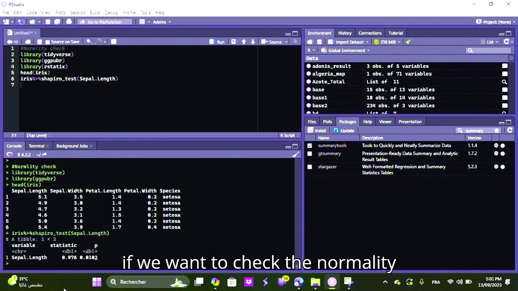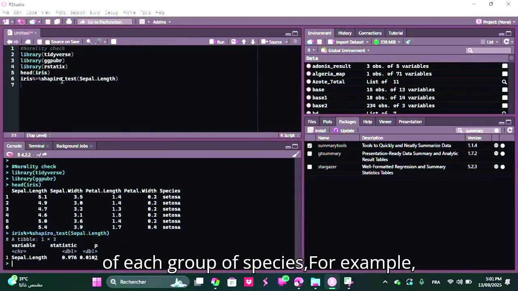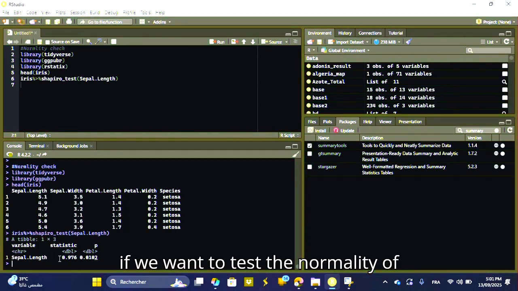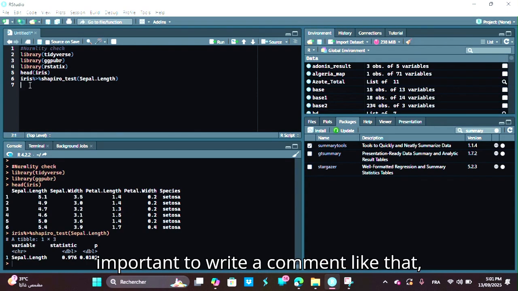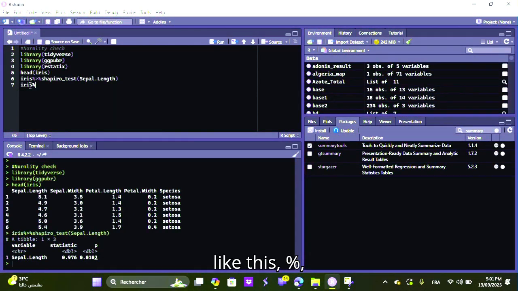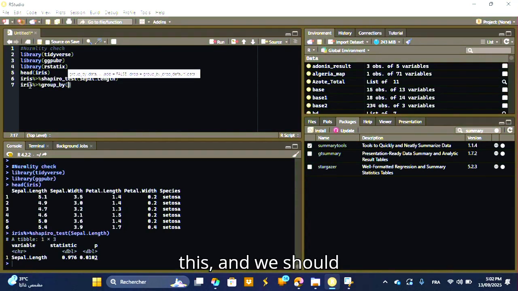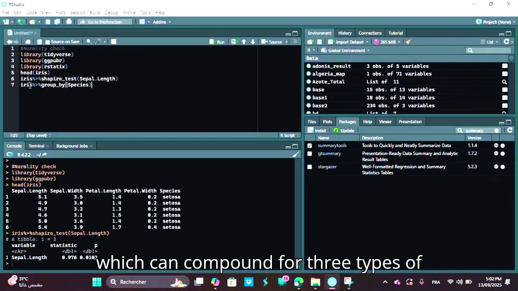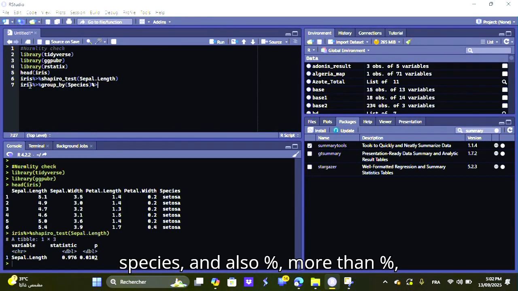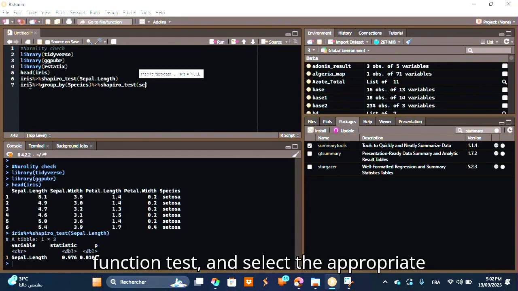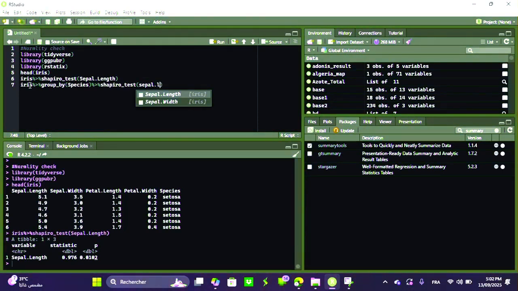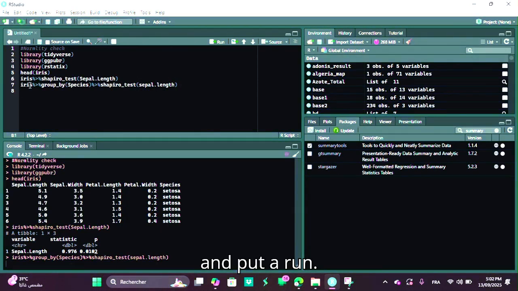And if we want to check the normality of each group of species, for example, if we want to test the normality of sepal length in the 3 groups of species, it's important to write a command like this: pipe, and put group_by, and we write Species, which comprises 3 types of species, and also pipe, and write the shapiro_test function and select the appropriate variable, in this case Sepal.Length, and run.